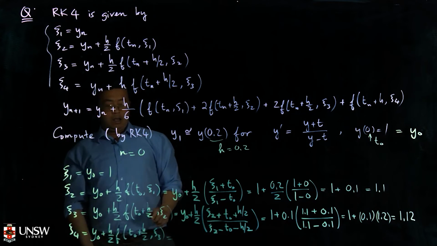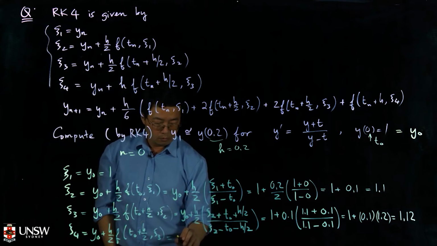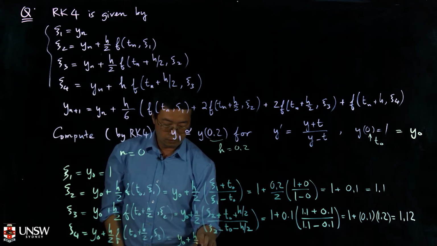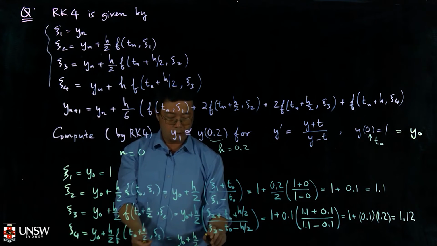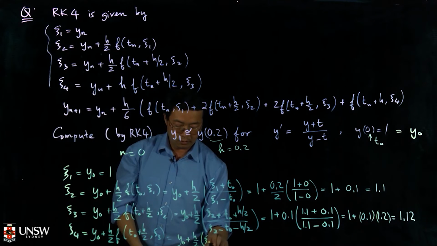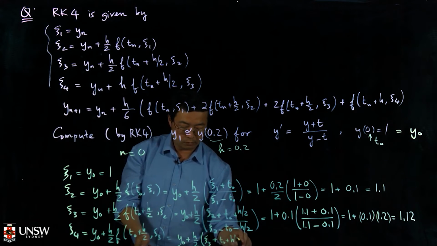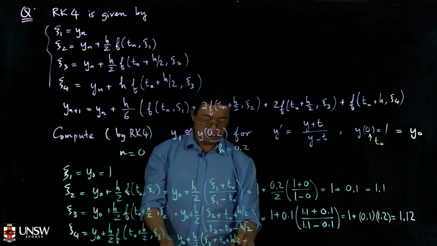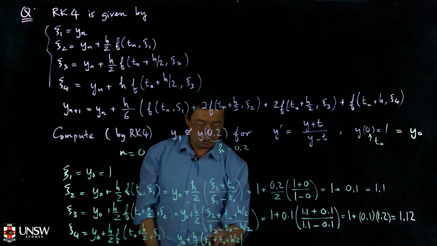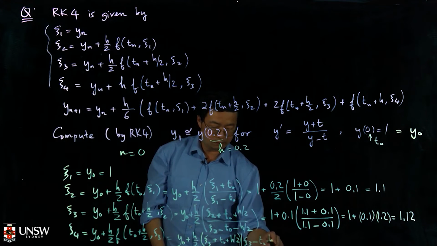If you do the same, you have y0 plus h over 2, and the formula for the function f: xi3 plus t0 plus h over 2, divided by xi3 minus t0 minus h over 2.